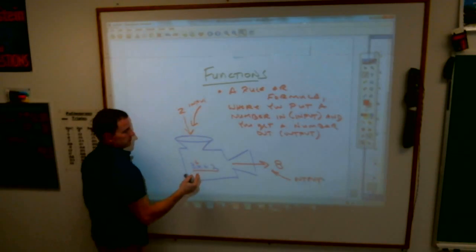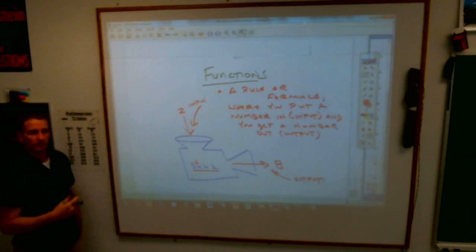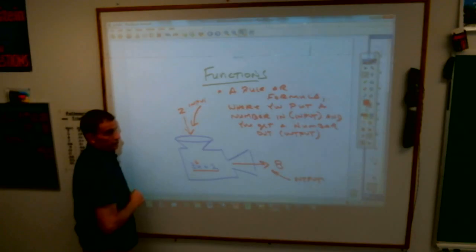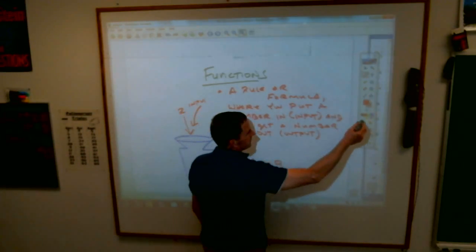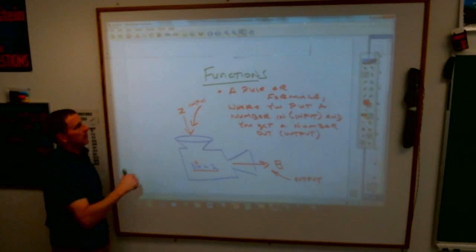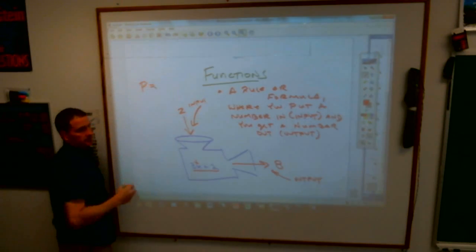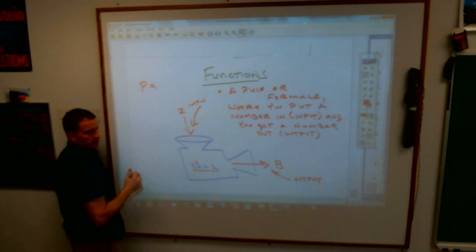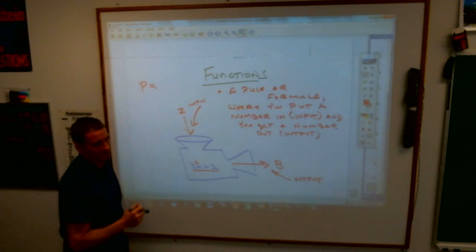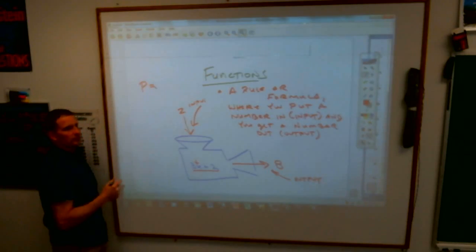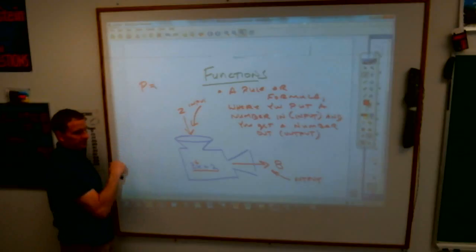It's like a formula. We talked about the formula for the perimeter of a square. Remember what our formula was? Perimeter of a square equaled what? Perimeter of a rectangle is 2L plus 2W, but I'm going for perimeter of a square, where all the sides are the same.